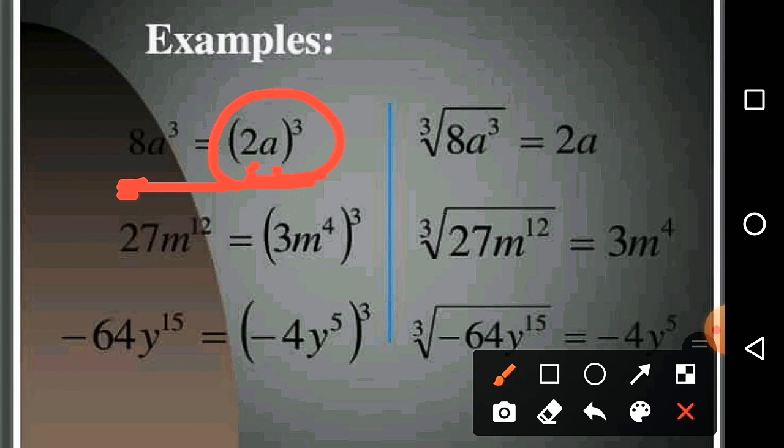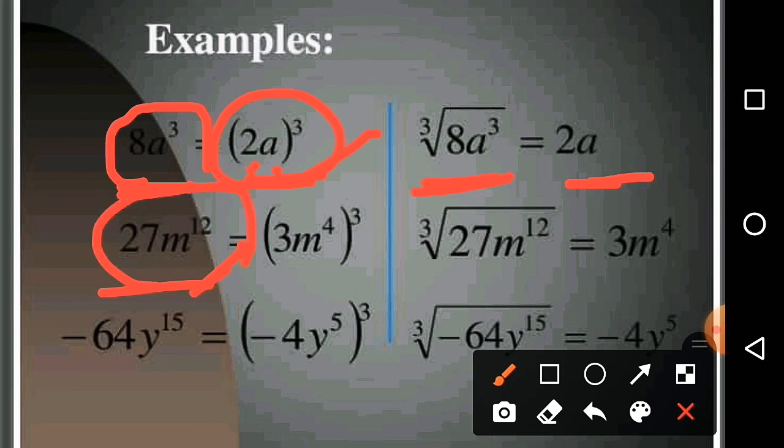Now 8a cube is the cube of 2a. So what is the cube root of 8a cube? The answer will be 2a. Similarly, next one is 27m raised to 12. Now you have to show this as the cube of something. 27 is the cube of 3, that we know. Now m raised to 12 is there. So outside we should get 3, and inside what should we write so that it will be 12?